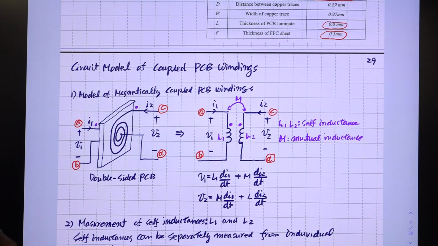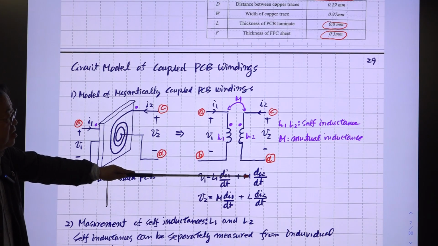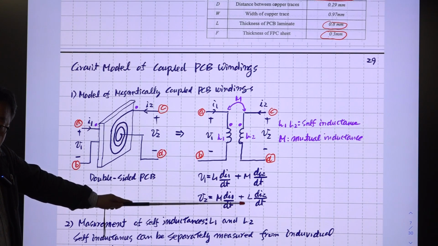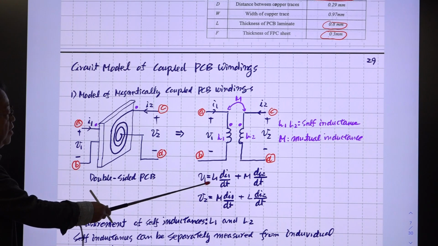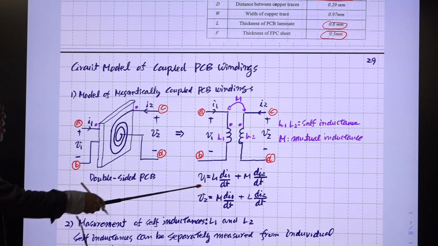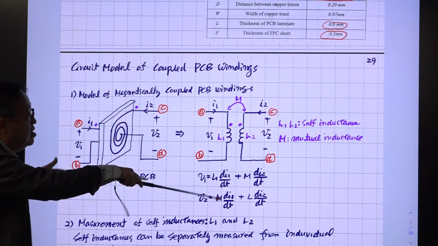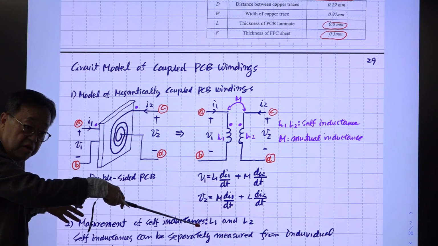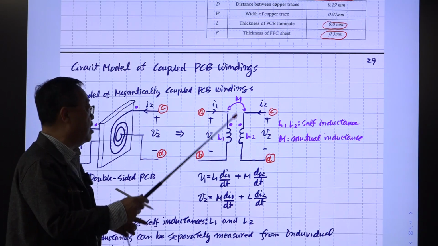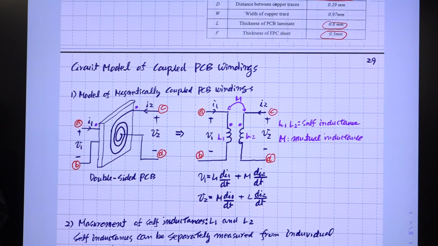And the nature of mutual inductance is that it follows this equation. If you know L1, L2, and M, then this device satisfies this equation if you properly identify the 3 parameters, L1, L2, and M, 2 self-inductances and 1 mutual inductance, right?